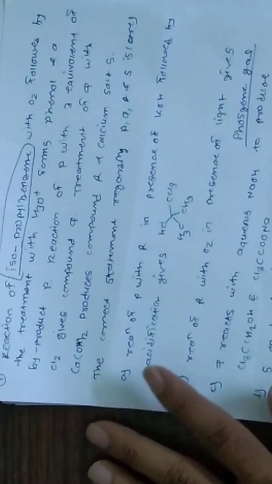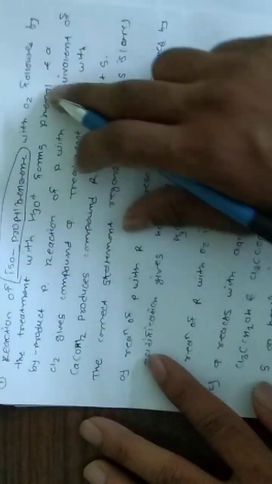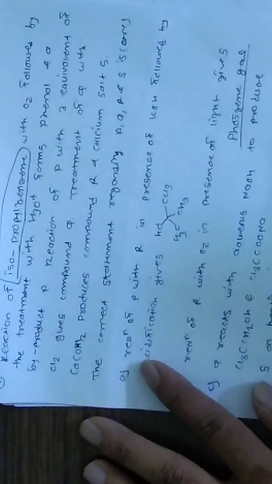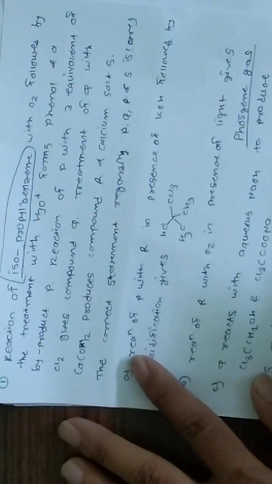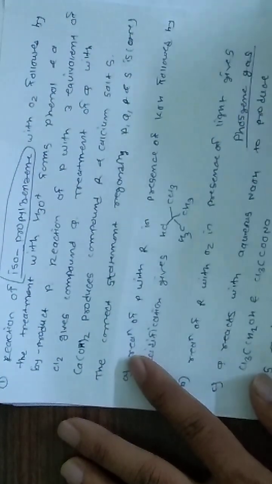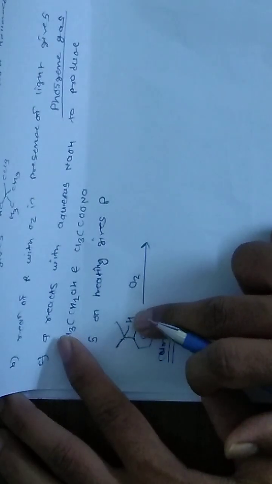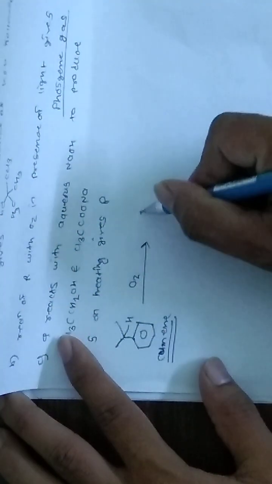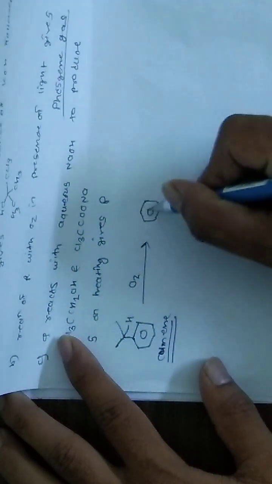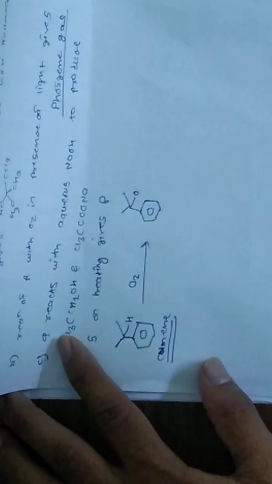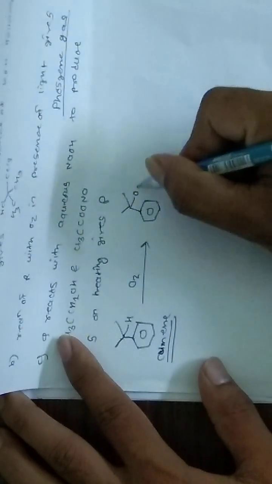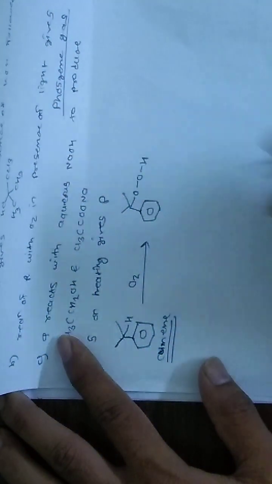So what product is formed is insertion of O2 in this carbon-hydrogen bond. I am showing here this carbon and this hydrogen. So the product formula is the hydroperoxide, OOH. How is this formed?